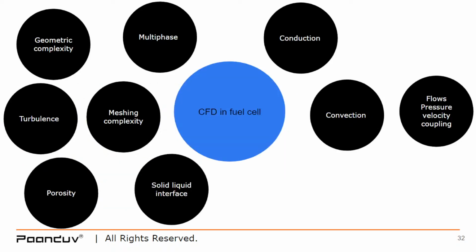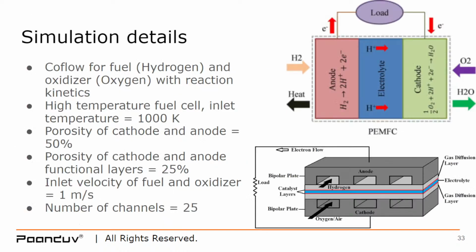A lot of things are going on here again in terms of physics, but I want to especially highlight the porosity aspect that comes into play when we are talking about these fuel cells, and which is efficiently captured using CFD, right? So if you look at some of the simpler schematic of what we have tried to simulate in this case study, it is a co-flow.